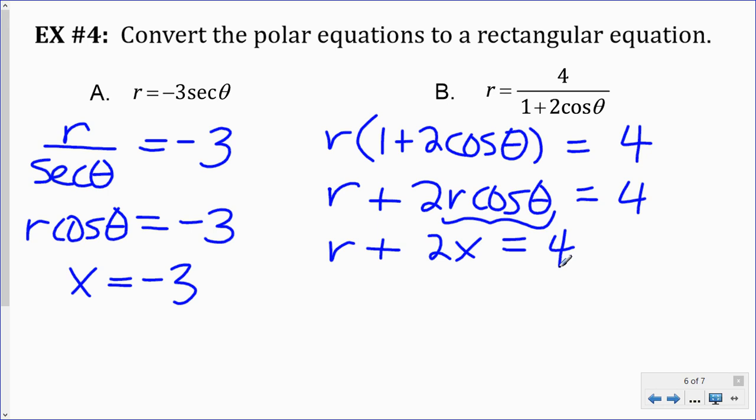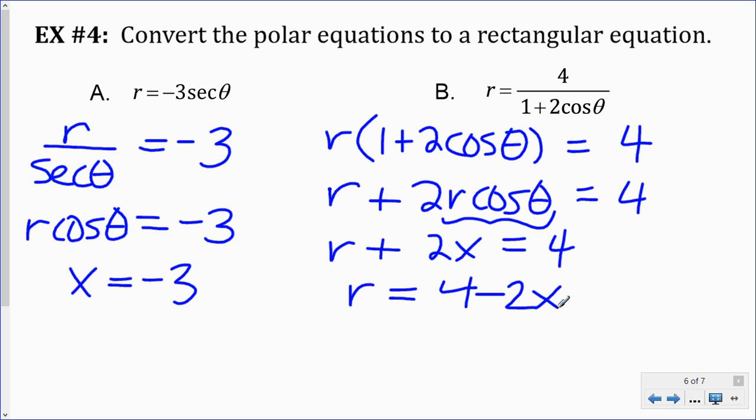Okay, well, you're probably thinking, what do we do now? Well, we could subtract the 2x, and then remember the relationship r squared equals x squared plus y squared? Well, if we can change this r to an r squared, then we can replace it with x squared plus y squared.